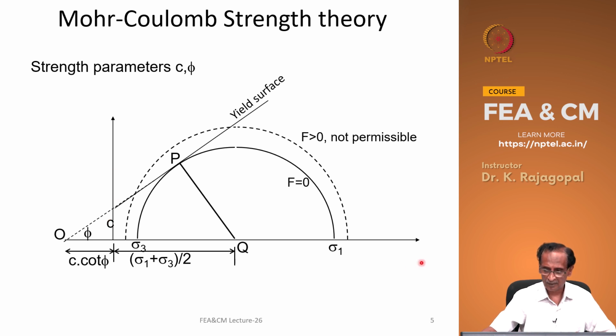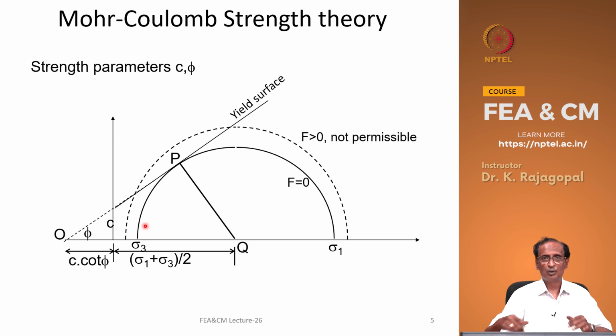On the x axis we have the normal stress sigma, and on the y axis we have the shear stress tau, and in this space this is our shear surface or the yield surface. The intercept on the y axis is the cohesion, the cohesive strength, and the slope of this line is the friction angle phi.